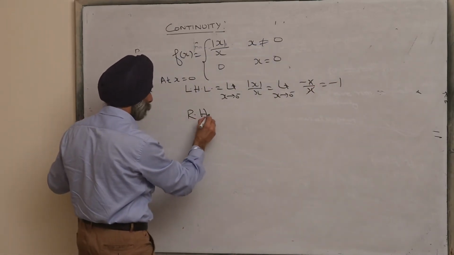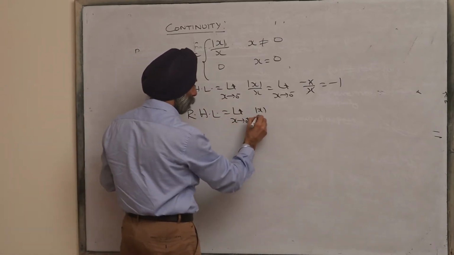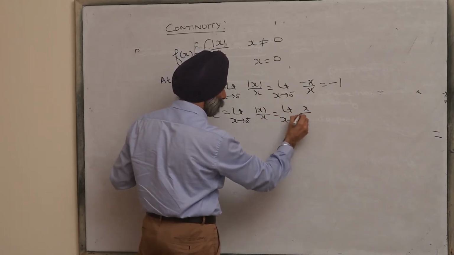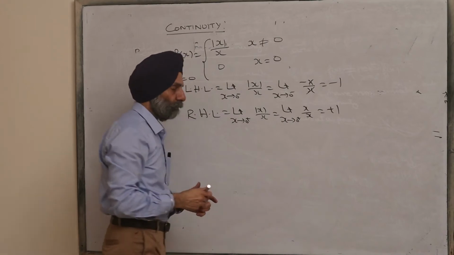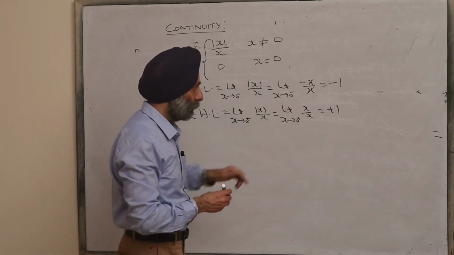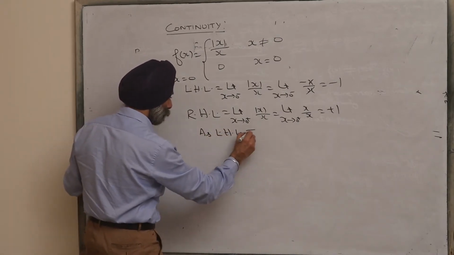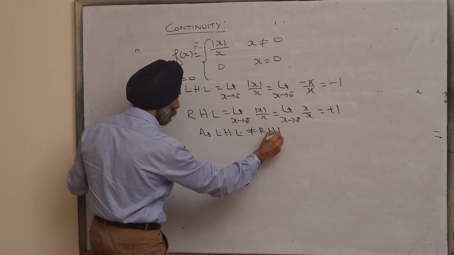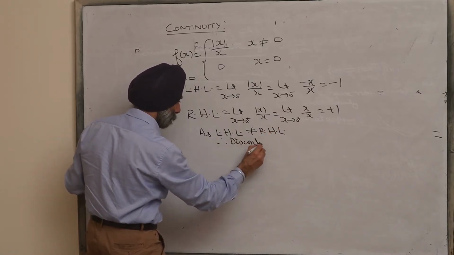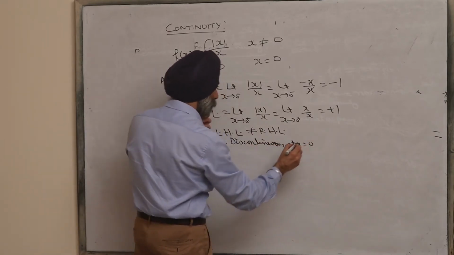Right hand limit is limit x approaches 0 positive mod x over x, which is x over x. This is plus 1, because when x is positive, mod x is x here. As left hand limit is not equal to the right hand limit, therefore discontinuous at x equal to 0.